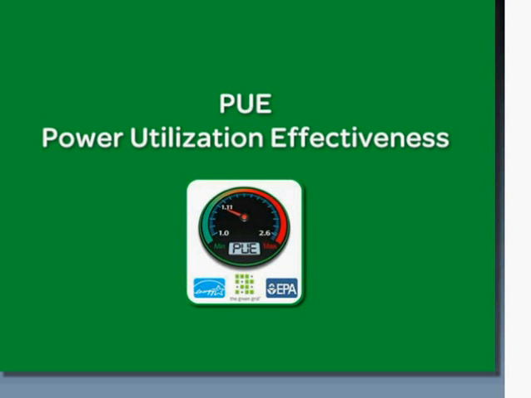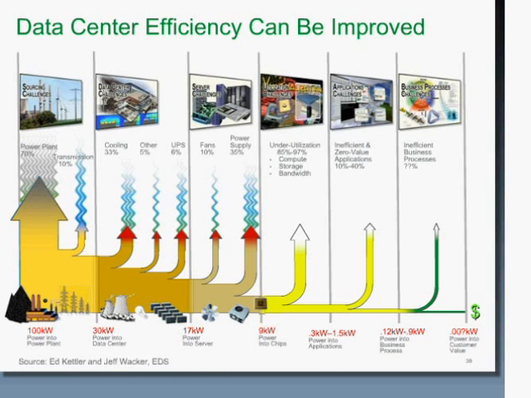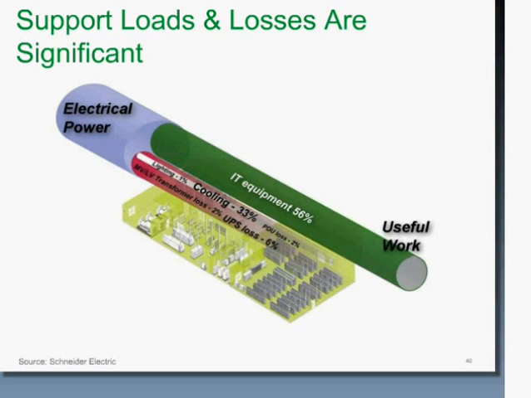This slide talks a little bit about the losses and the loads within a data center. If you look at a typical data center, IT equipment on average is about 56% useful work.